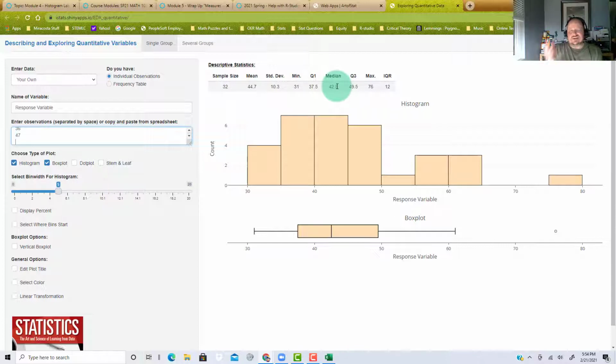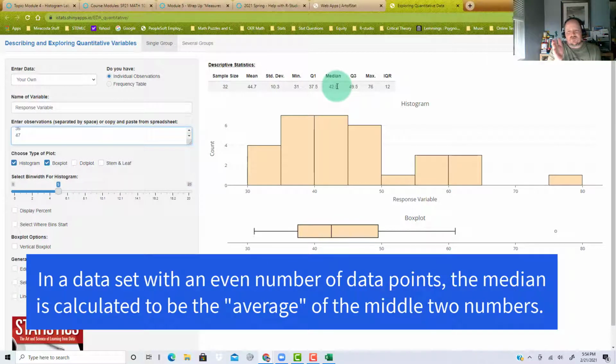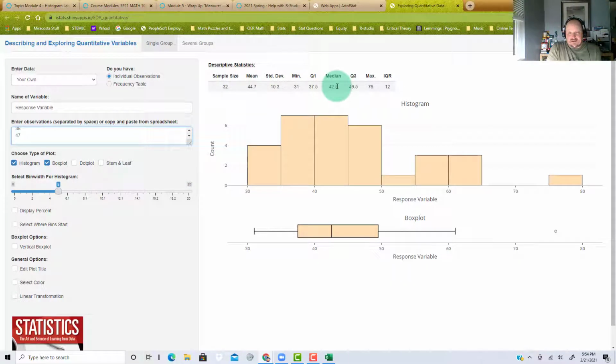That lets you know it must be halfway between two people's ages. Right in the middle, there must have been someone who was about 42 and someone who was about 43, and the median would be halfway between those. There's your cutoff, half the data above and half the data below.